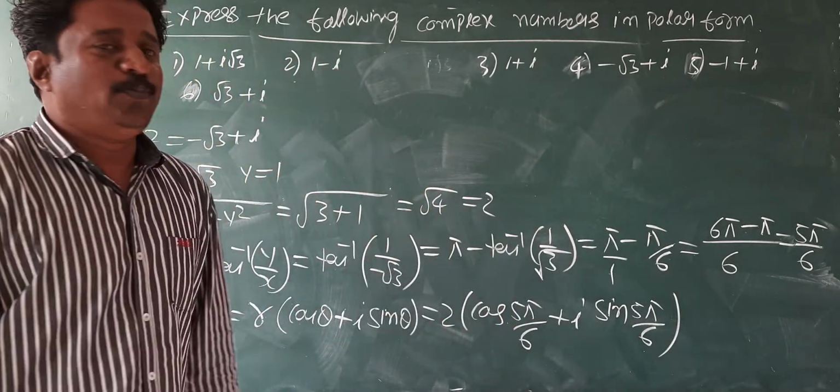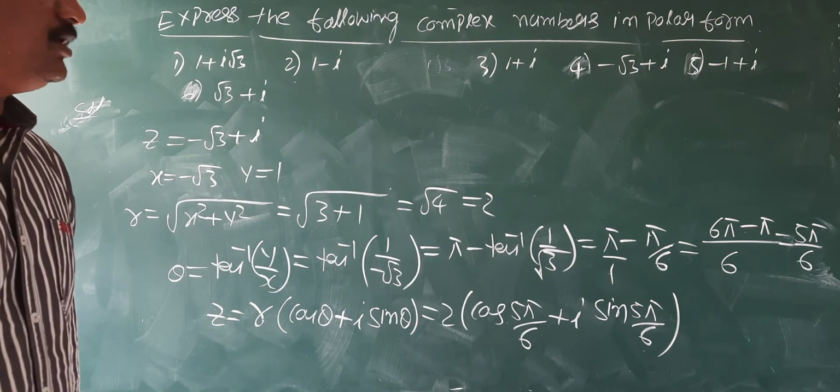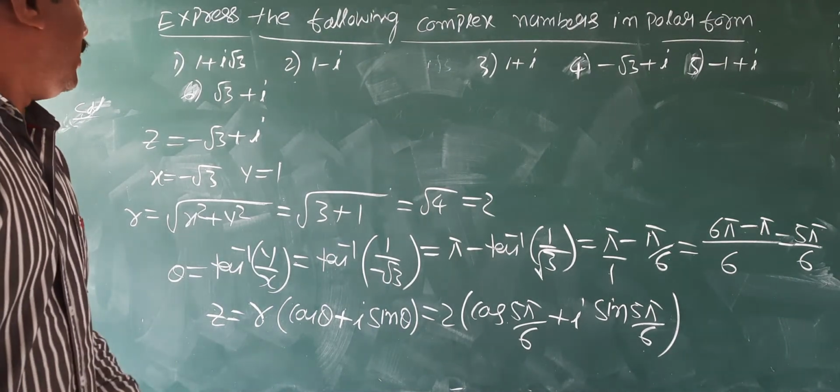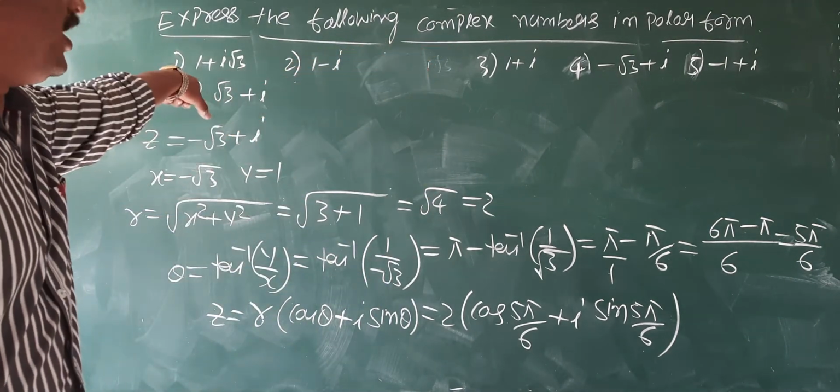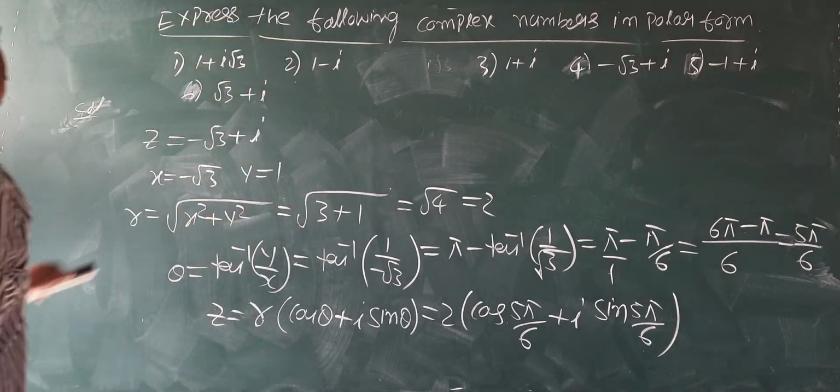This is the polar representation of a complex number. I hope you understood this, students. That last question you only solve. Let us solve that last question.